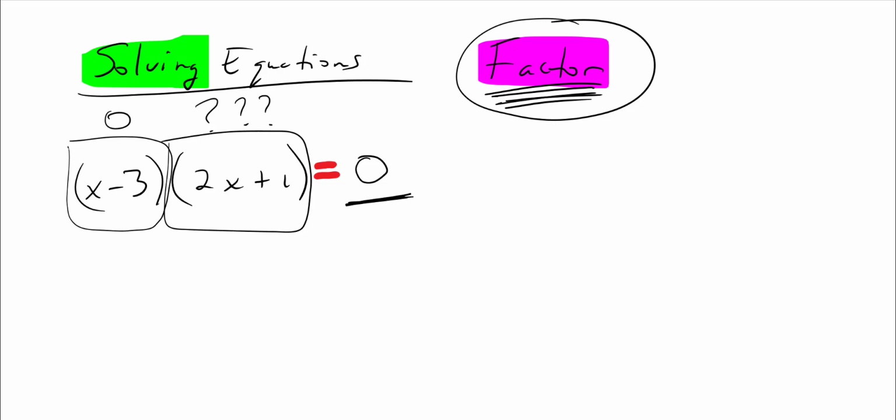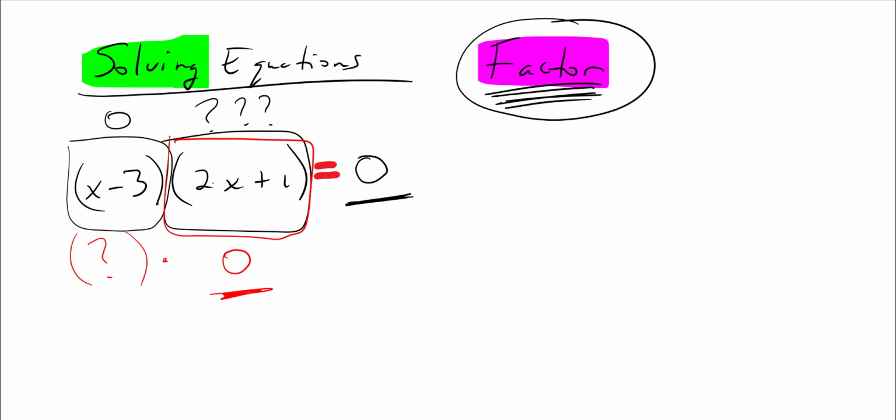Same thing if I said this was equal to 0. Wouldn't you tell me it doesn't matter what this is, it could be anything? If this one's 0, the whole thing goes to 0. So what you're basically doing is setting these equal to 0 and solving.